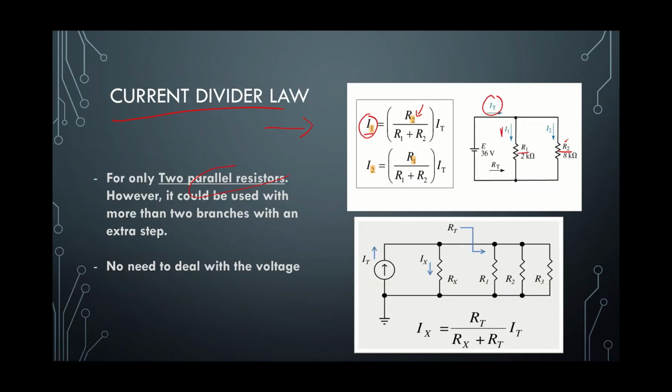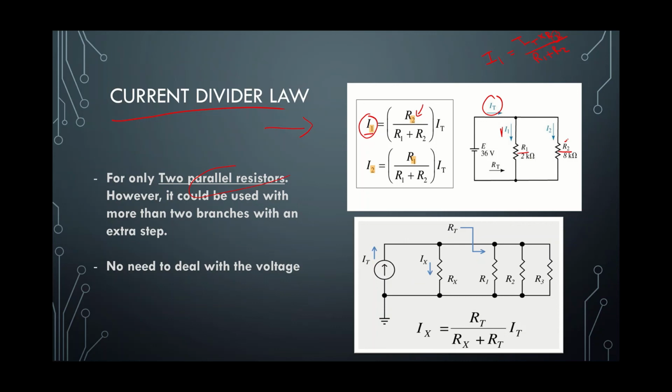So I1 equals I total multiplied by R2, divided by R1 plus R2. So instead of putting R1, we have to put the value of the other resistor.